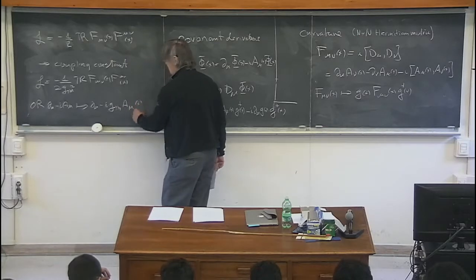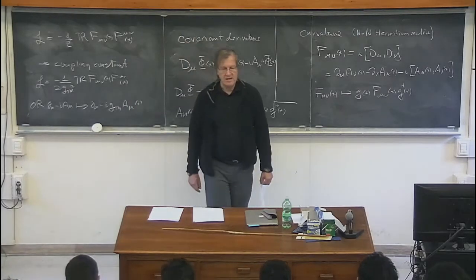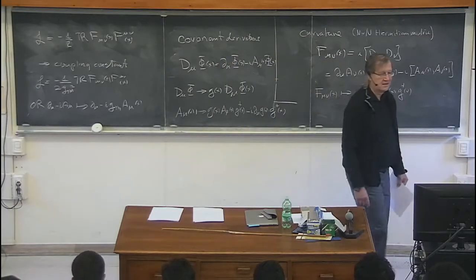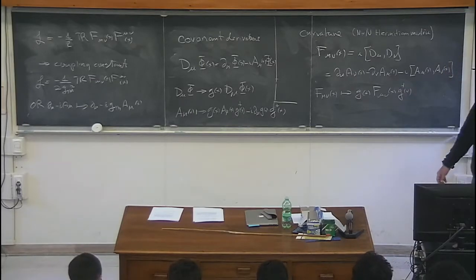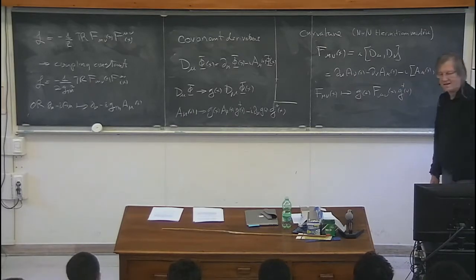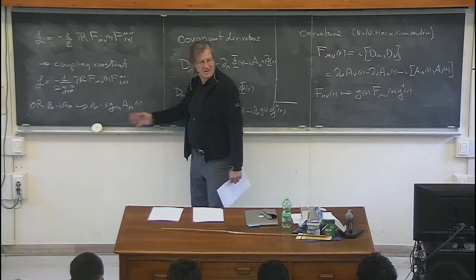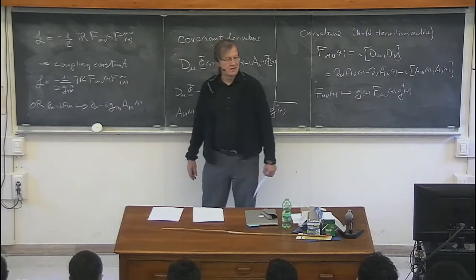Now, in this simple place, these 2 ways of doing things are actually the same. You can get from one to the other by scaling the gauge field, the vector connection, by 1 over g Yang-Mills. If you do it this way and write down all of this, the g appears inside of F somewhere.